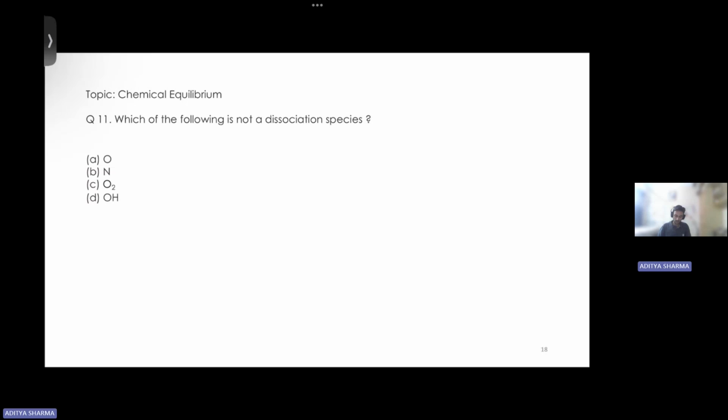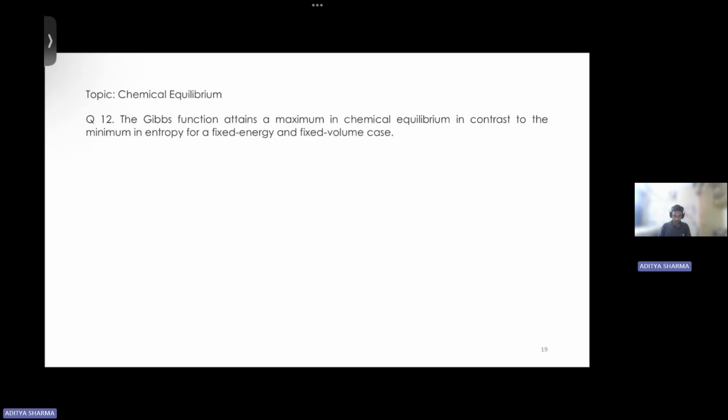Single nitrogen is also a dissociation species. Then oxygen O2 is not a dissociation species. This hydroxyl is also a dissociation species, right? So C option in that case is correct. So this was question number 11. Now moving on to question number 12.